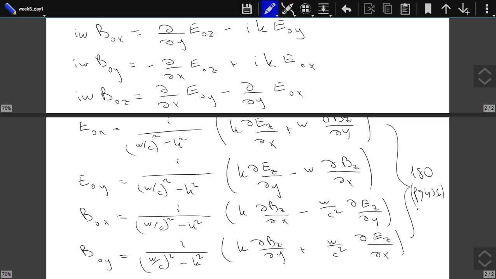So that third equation at the top of the screen just gives you a single equation for Bz and nothing else. So once you determine Bz by solving that equation, you can just put it over here and obtain the other components. Do you see the cancellation?